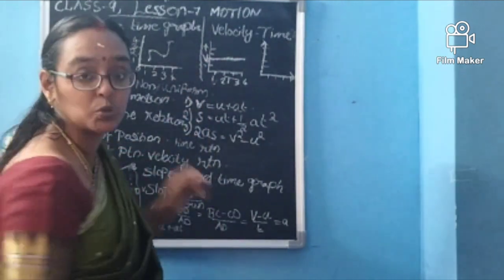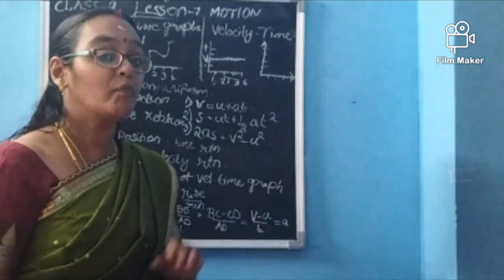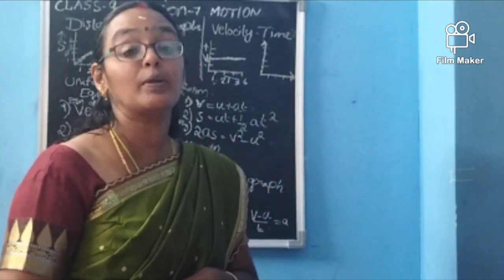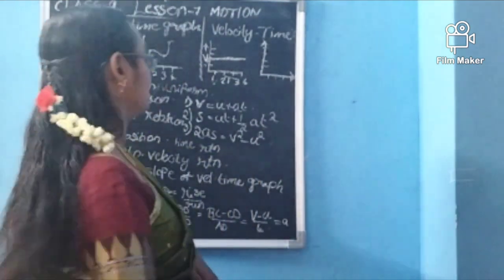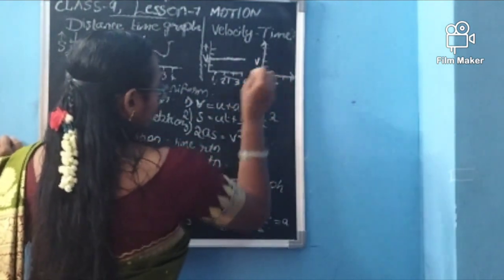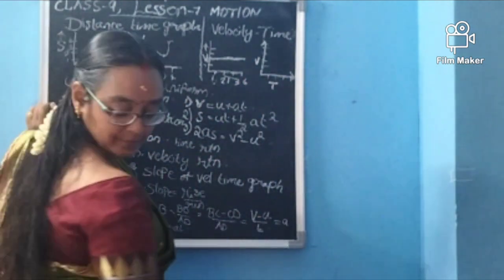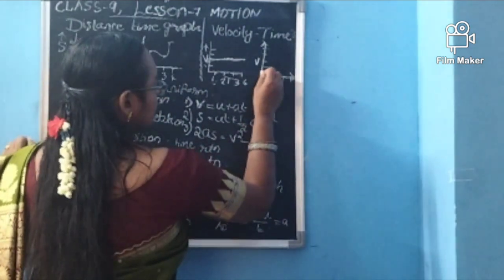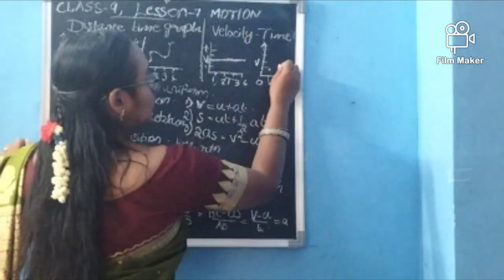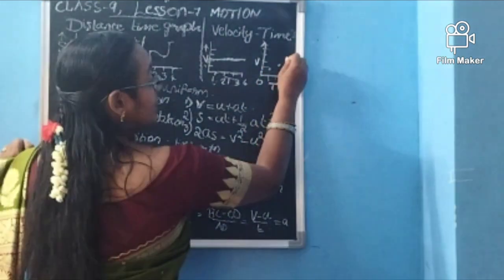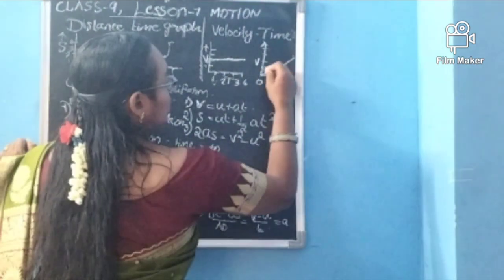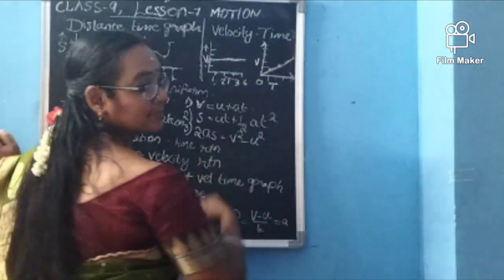Here I have written 2 as it will be at 2 only. So velocity is not changing. So acceleration will be 0, isn't it? It will be 0. In this case, velocity and time, as we change 0, 1 second it has reached here, 2 seconds here, 3 seconds here, 4 seconds here, it will be a straight line. So what do you understand from it?